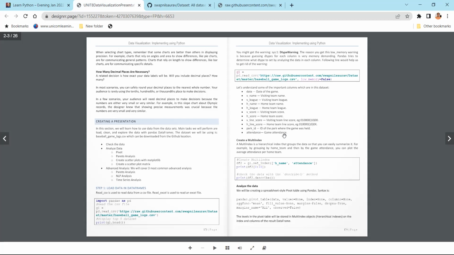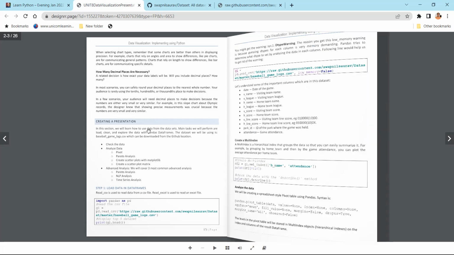So you can create a multi-index. With set index, generally there will be one column which is the index. Index is like a primary key. With multi-index, you can have more than one column. So name and attendance both are index here. Then you can perform analysis.